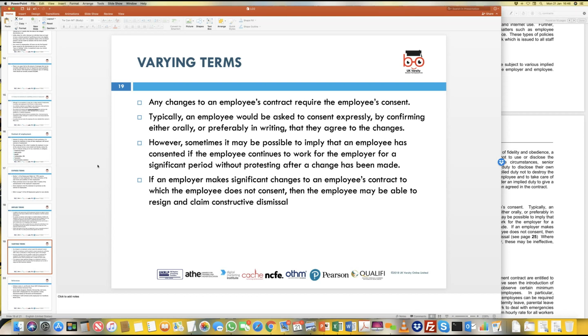And because this has been happening and this is not explicitly written in the contract and you are being exploited, this varying term can be challenged and the employee can be compensated for this kind of an anomaly.